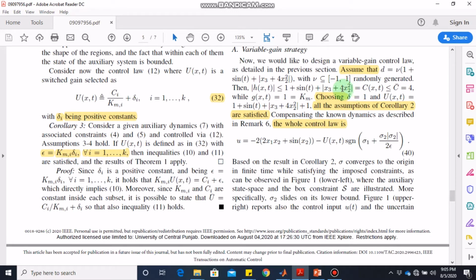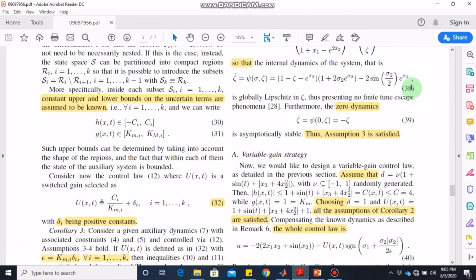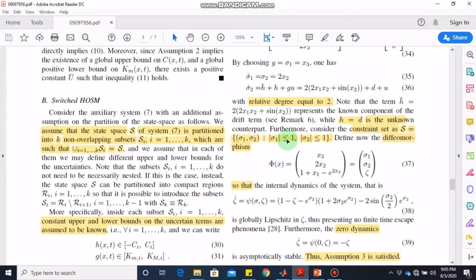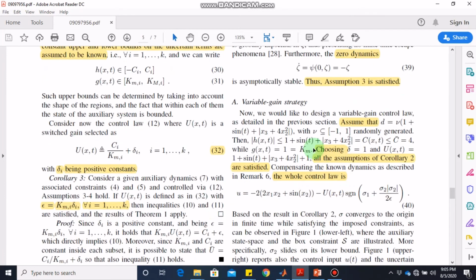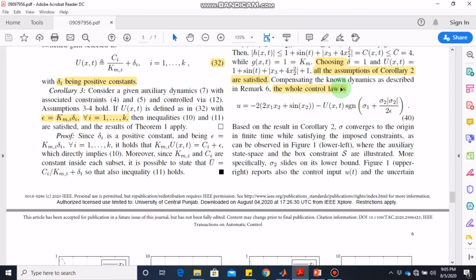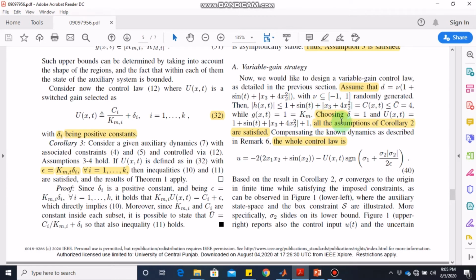So sigma 2 can also be not greater than 1, so the square of 1 is also 1. So the overall upper bound of this is equal to 4 under this constraint, that the sliding surfaces cannot have magnitude greater than 1. So we have specified each and everything.